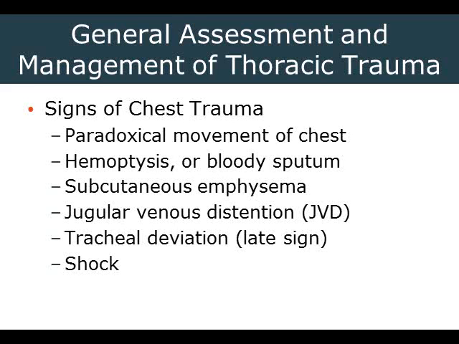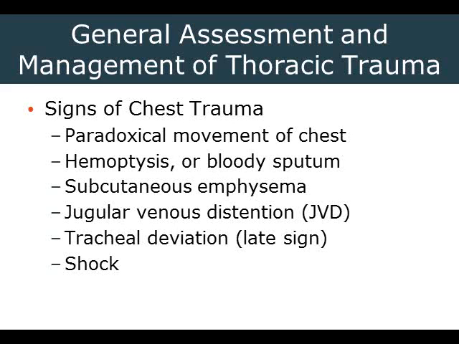So as we inhale, while the rest of the chest is going up and out, the flail segment is going in and down, and then vice versa. When we exhale, most of the chest is going in and down, where the flail segment is going up and out. And so that is paradoxical movement.